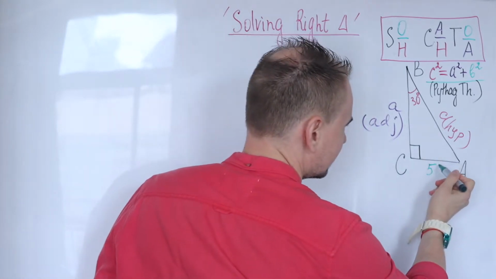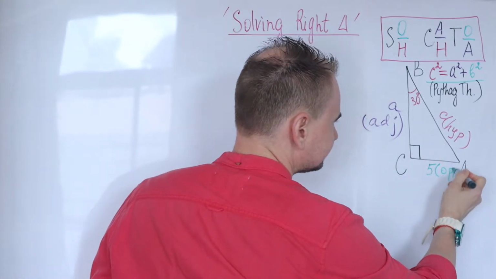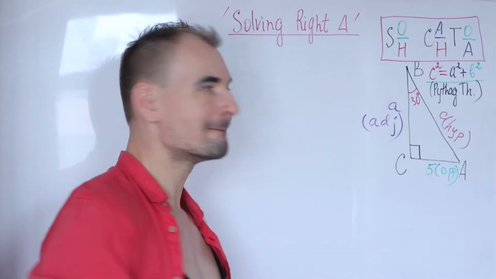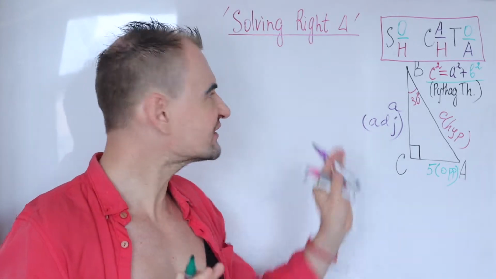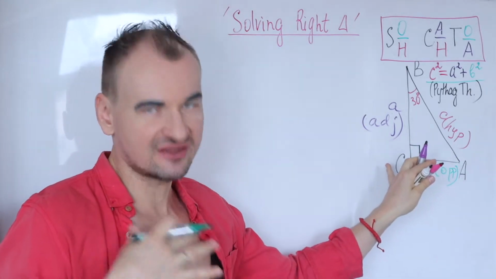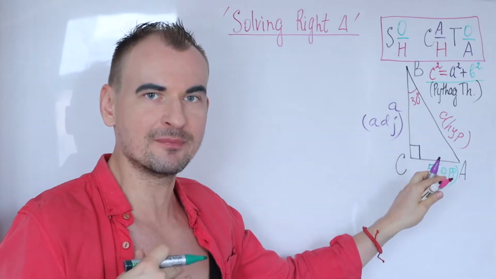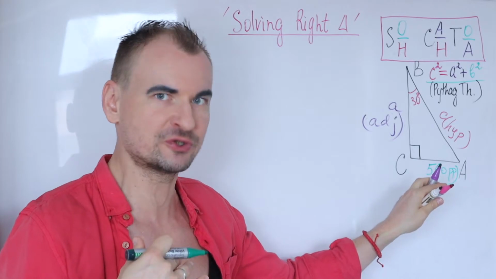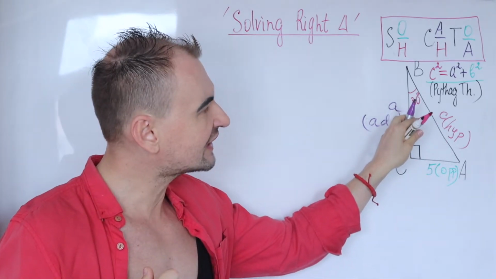Nothing special. So this is the opposite side. Now, everything is labeled. We know all three sides and their names, because that's extremely important and we're going to use it in relation to theta.